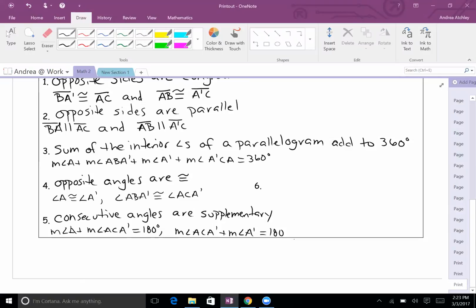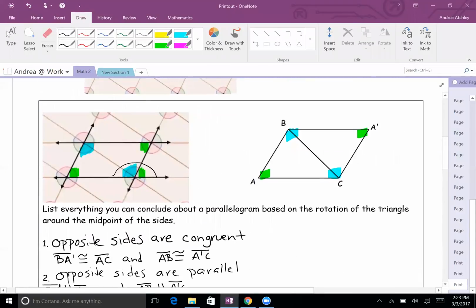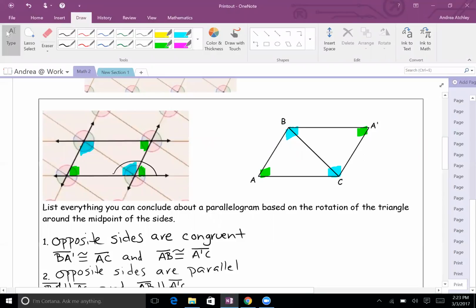Any questions over that? Yes? I'll add another one. Okay, what other one do you think? The line from BC creates an angle bisector. No, it doesn't. We can't conclude that, and we can actually say that it's not in this case.